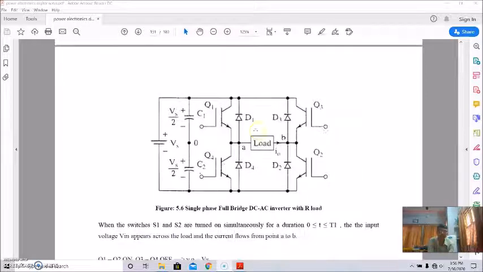This is the circuit diagram of a single phase full bridge DC to AC inverter with resistive load.